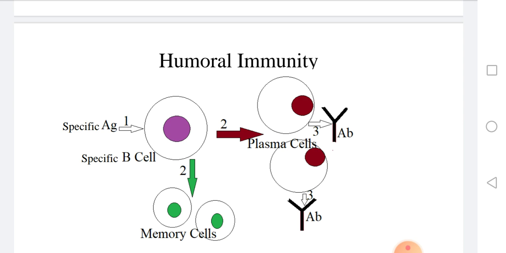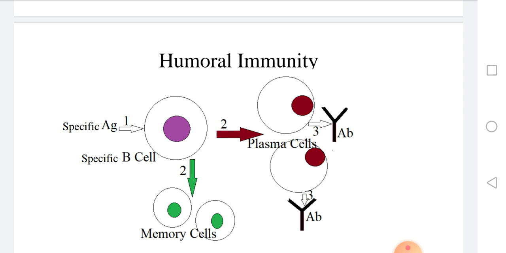Now you see on the upper left hand side, the specific antigen stimulates its specific B cell, and this B cell is going to be activated and it divides into many cells, and these cells are going to be grouped into two groups. One group, the memory cells, lower down here, the green arrow.